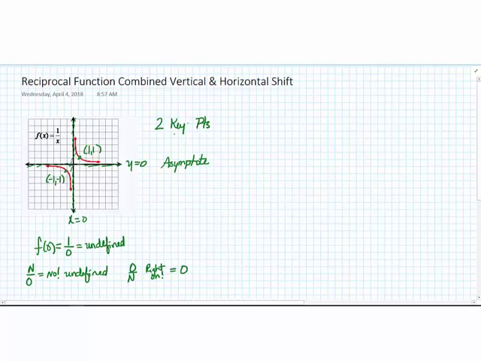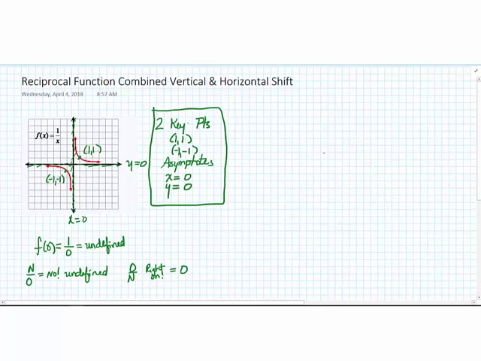So when you're memorizing your key points, you're going to have 1, 1, -1, -1, but you also need to graph your asymptotes, x equals 0 and y equals 0. Okay? All right, so that's how you graph the reciprocal function, f of x equals 1 over x.